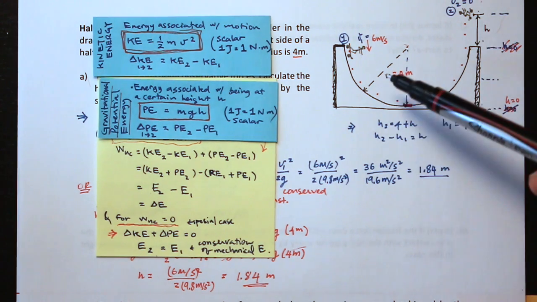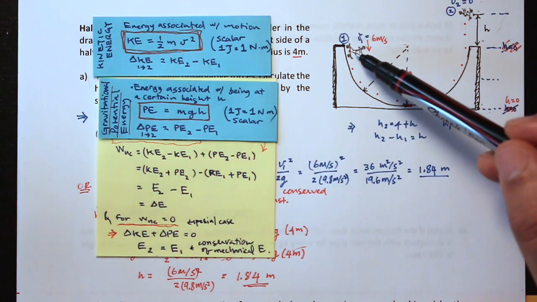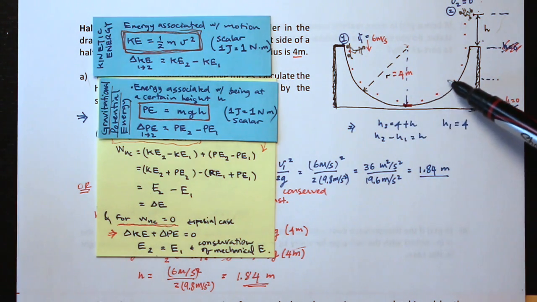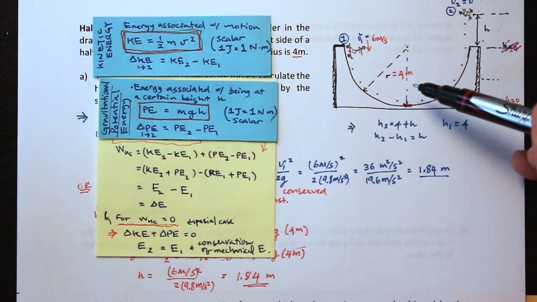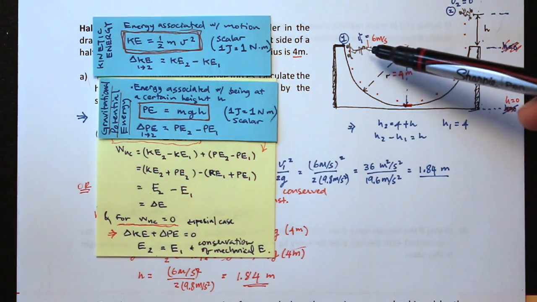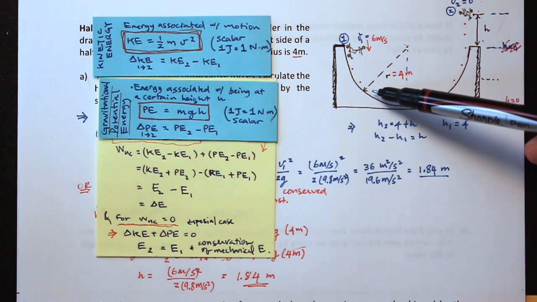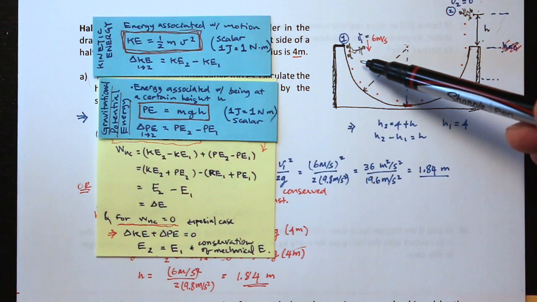The kinetic energy, on the other hand, starts out here at some value, and then something happens to it, and then it reaches 0, which is its lowest value, right at the highest point here. So since I know that the mechanical energy is conserved, if the potential energy is going down as the skateboarder is going down, that means that the kinetic energy is going up.